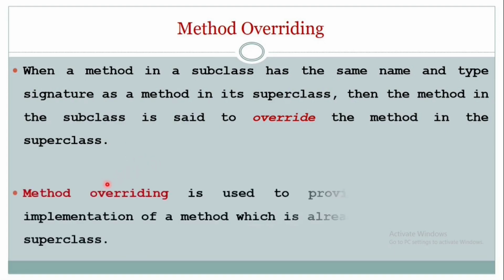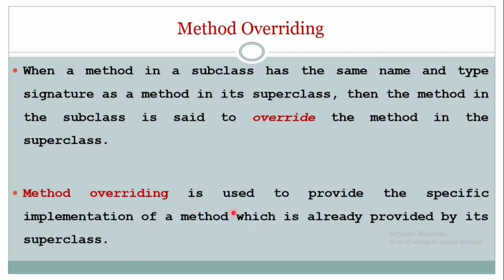Method overriding is used to provide the specific implementation of a method which is already provided by its superclass. For example, if I want to add some additional information or features to the subclass method, then I can make use of method overriding.